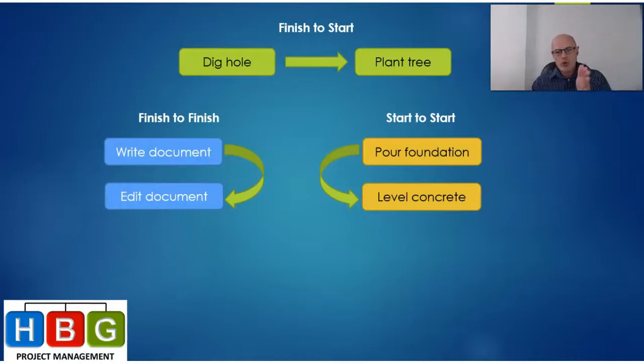While you are pouring the foundation, you can start leveling, and as you pour on, you can then level the concrete as you go on. So these are the three kinds of relationships that you find most often in a project and in a network diagram: your finish to start, finish to finish, and start to start relationship.